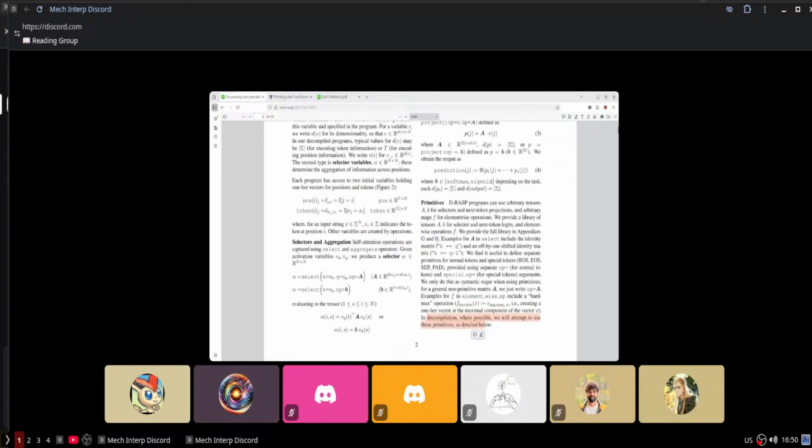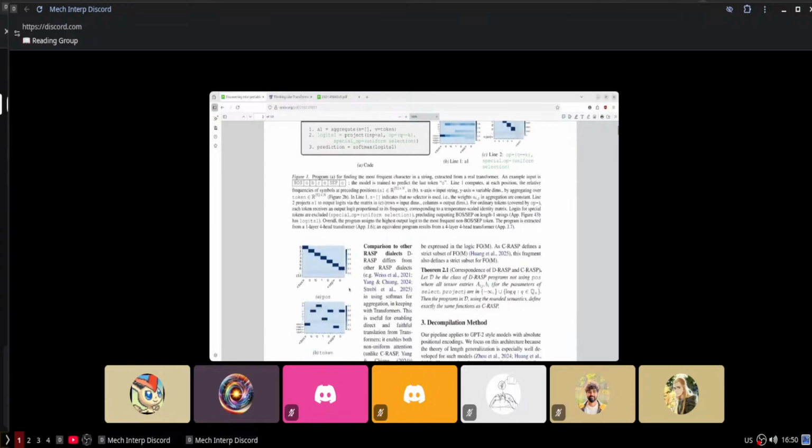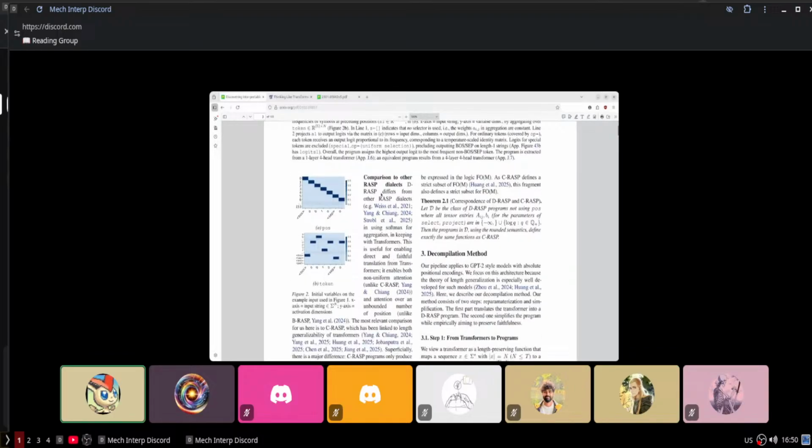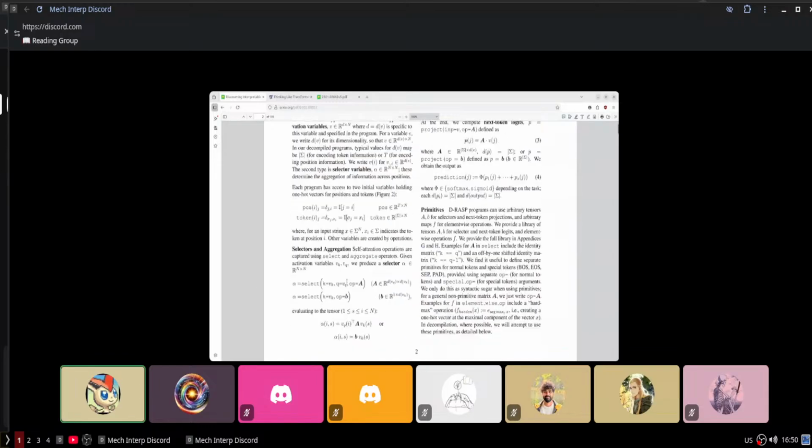Wait, I'm confused because here they mention that this RASP differs from other RASP dialects in using softmax for aggregation. Where is that explained?